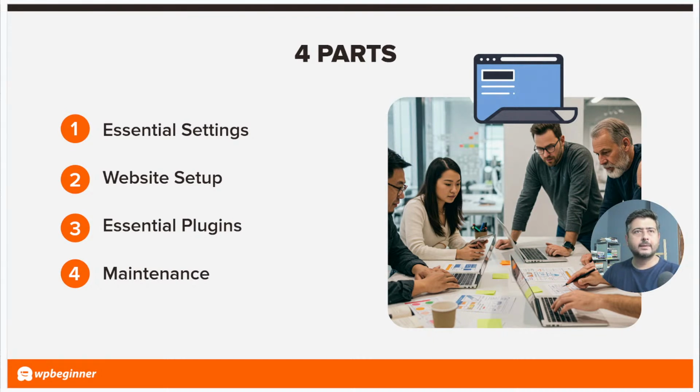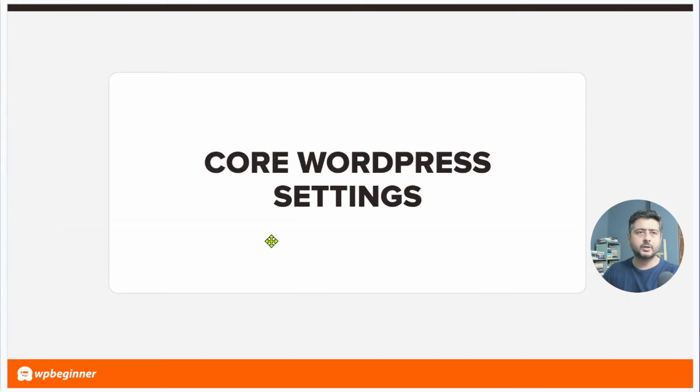All right, and let's get started with the first important setting, which is the first step of this website maintenance, which is core WordPress settings. Now, when you build a website, many people don't realize that there are certain settings that some hosts either do not configure by default, or settings that you might not be aware exist.